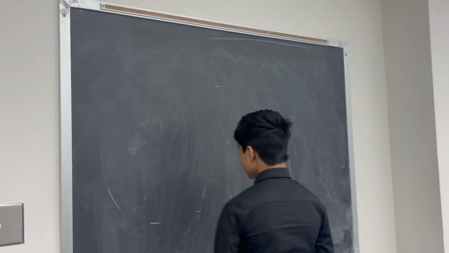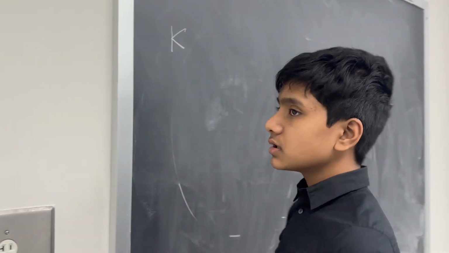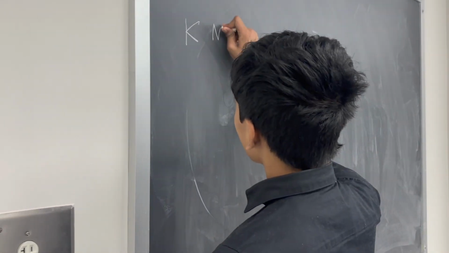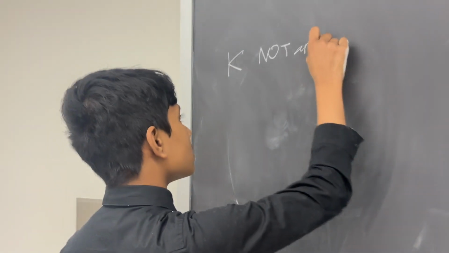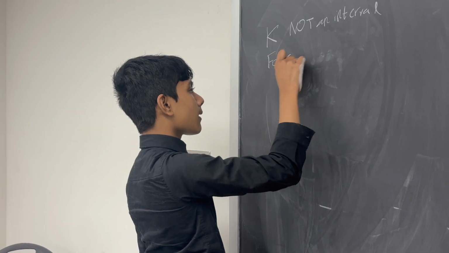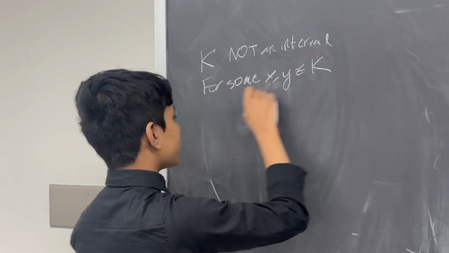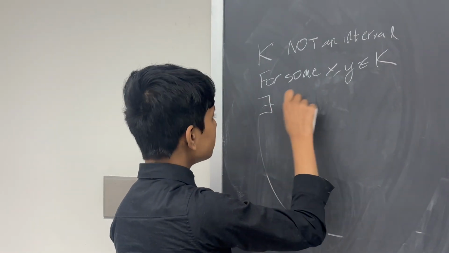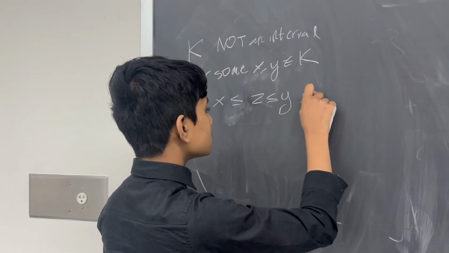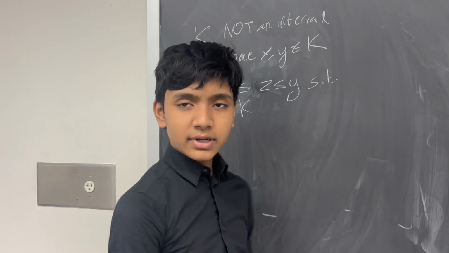So now, to prove that, let's say we take some set K, right? And K is not an interval, which means that for some x, y in K, there exists a z in between them such that z is not in K. Pretty simple.